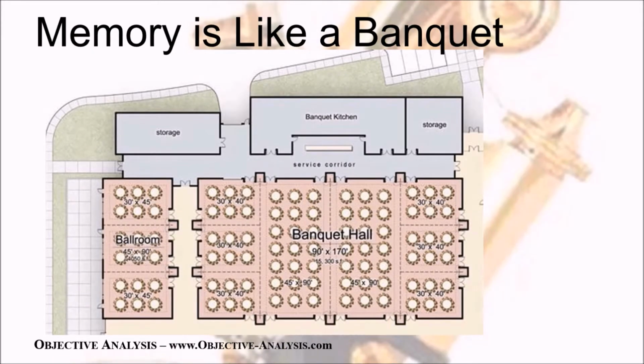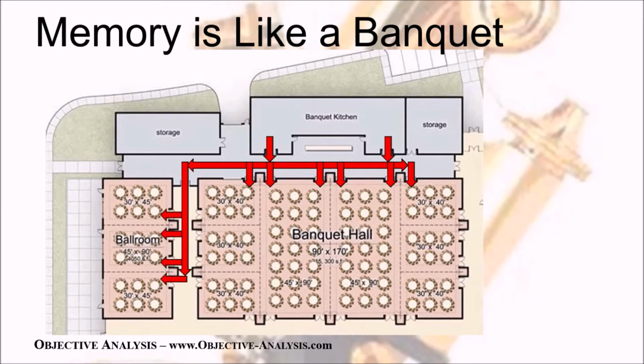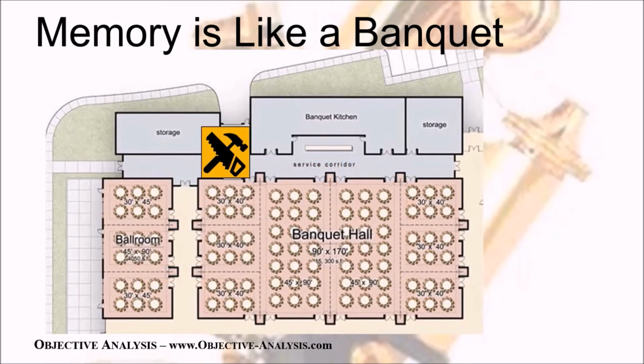It's kind of like a banquet. Although in today's pandemic banquets aren't being held, I am sure we all still have some fond memories. A key component of the banquet hall is the kitchen, which must serve a lot of food. Servers move the food from the kitchen to all of the tables. One sad day, someone decides to start a construction project between the kitchen and the storage room.